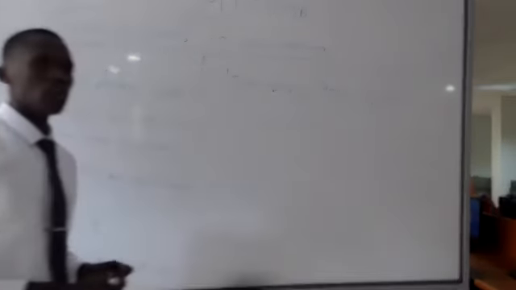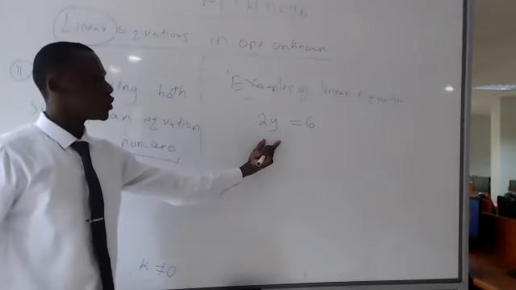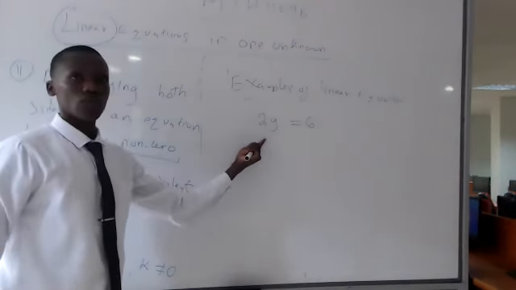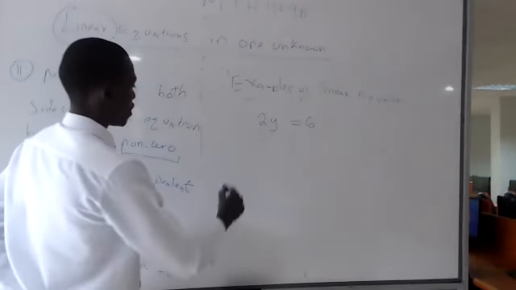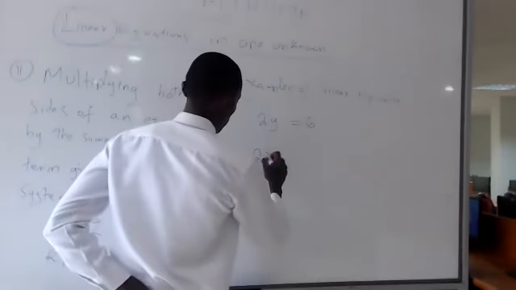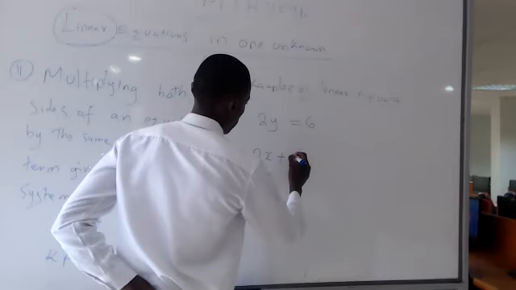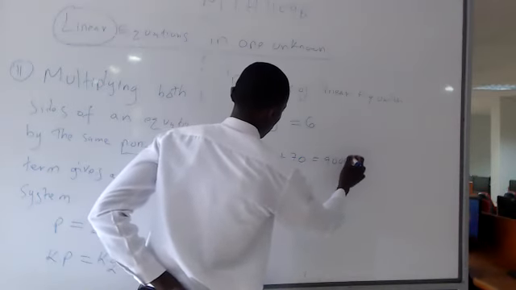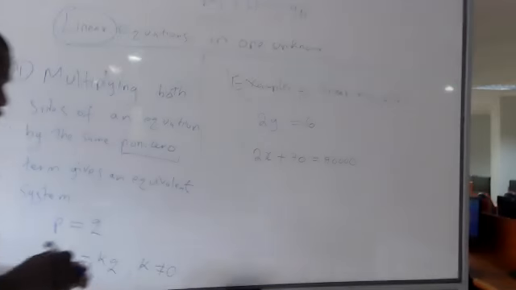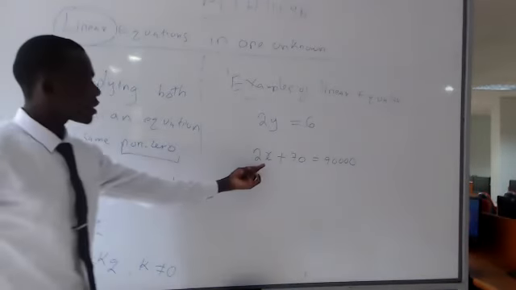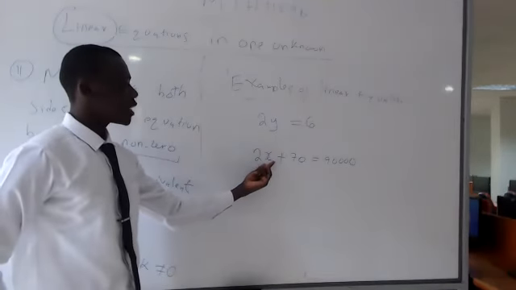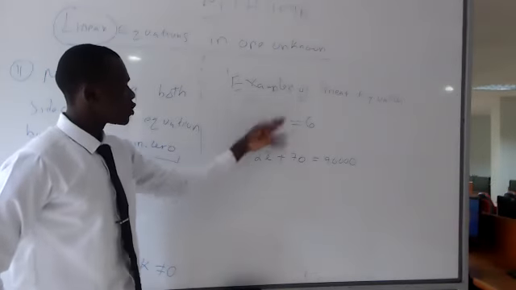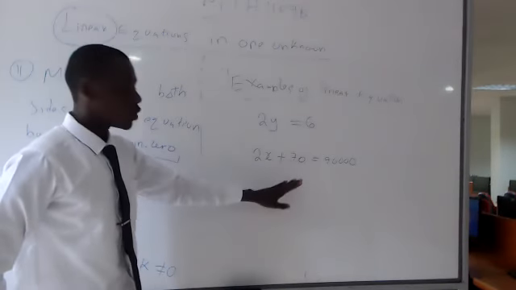This is an example of a linear equation. The unknown variable is y, and the degree is 1. So this is a linear equation. An expression like 2x plus 70 is equal to 90,000. It's a linear equation in x because the highest degree of x in this case is 1. So these are two examples of linear equations.